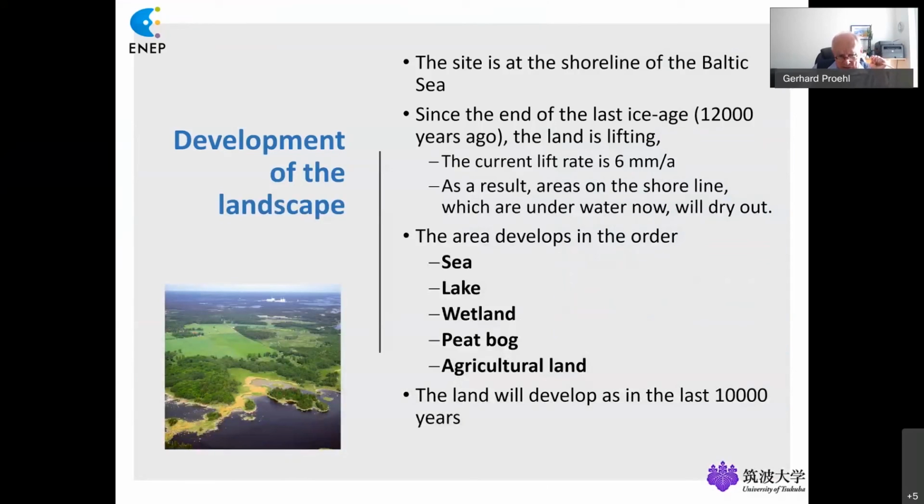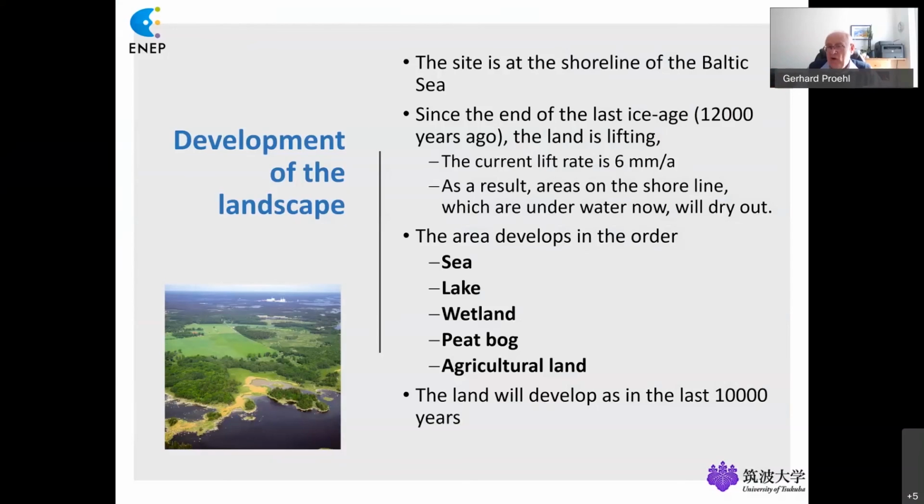This site is a bit special because the development of the landscape is ongoing. As I said, the site is at the shoreline of the Baltic Sea. Since the end of the last ice age, which was about 12,000 years ago, the land is lifting. The current lift rate is about 6 millimeters per year. As a result, in the long term, areas on the shoreline will dry out.